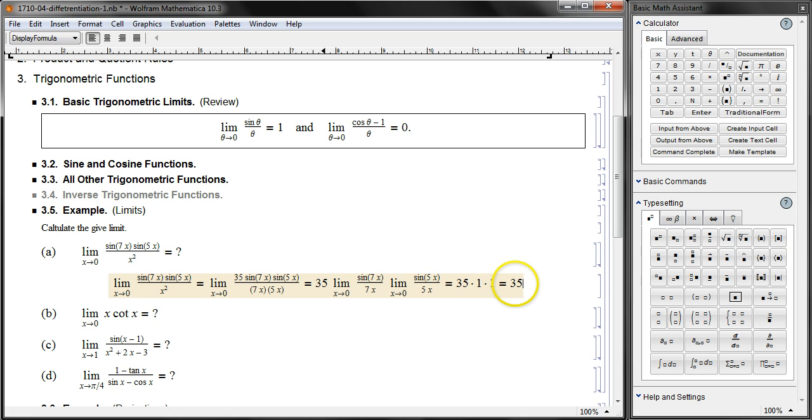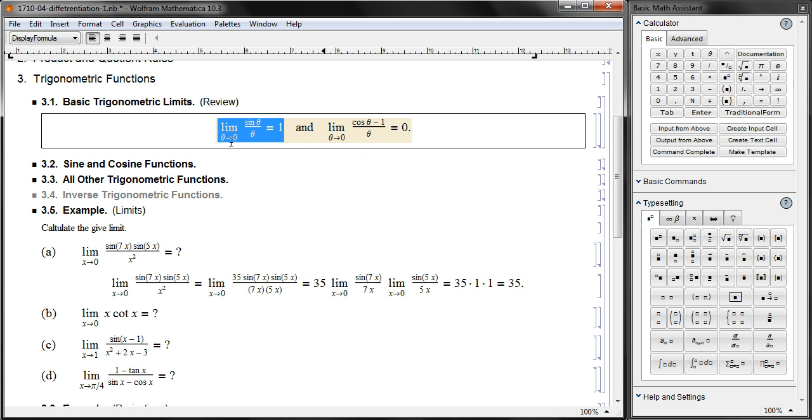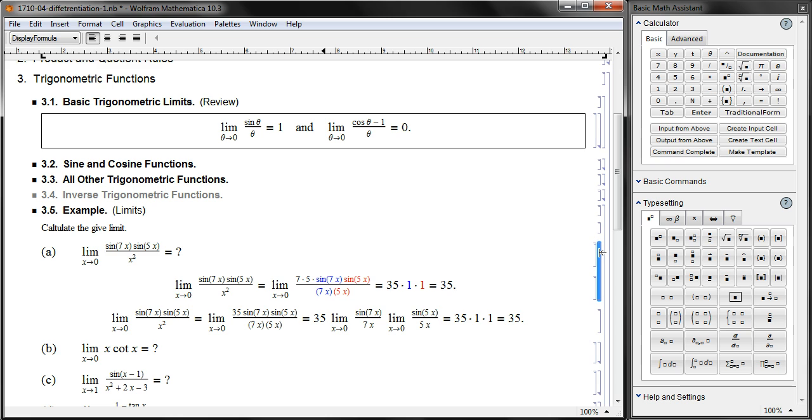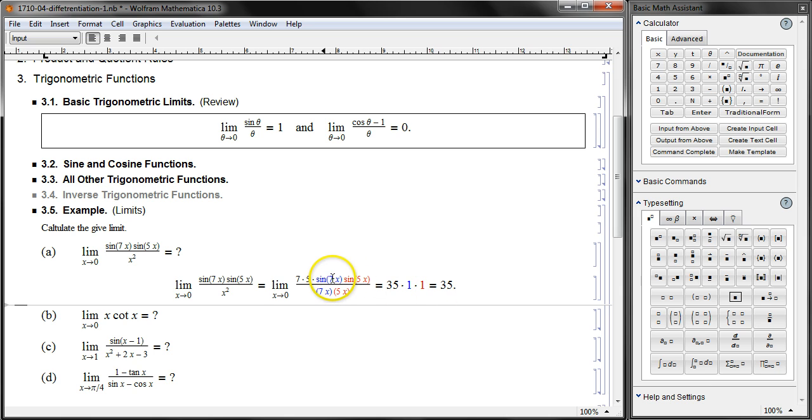So this whole thing is equal to 35. Basically, we are squeezing the problem so that it fits into this. Let's check the answer. Yep. Oh, this is good. I color coded even. Sine of 7x over 7x, that's blue. Sine of 5x over 5x, that's red.